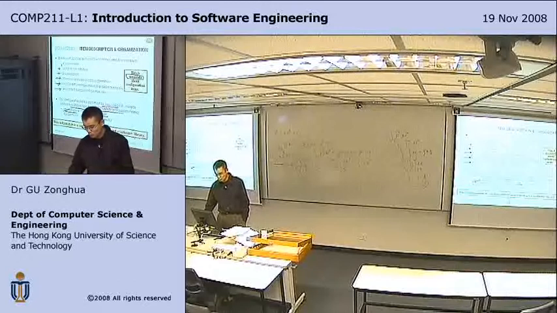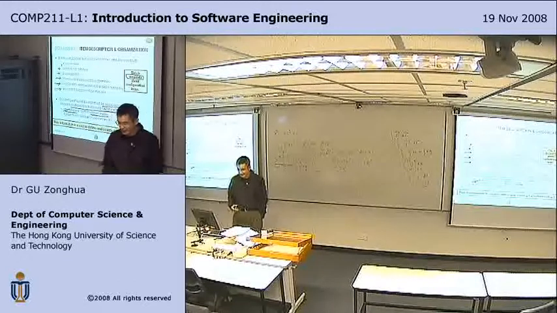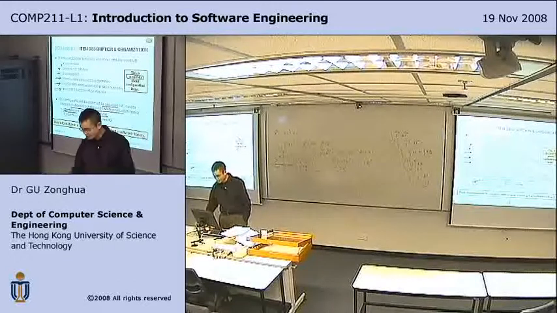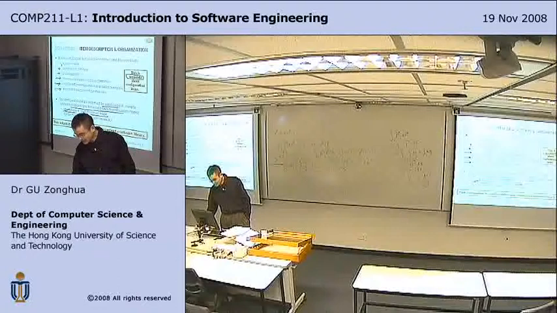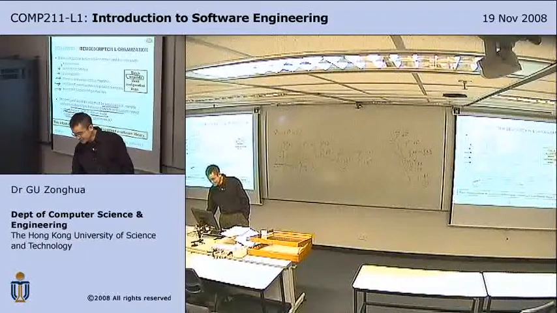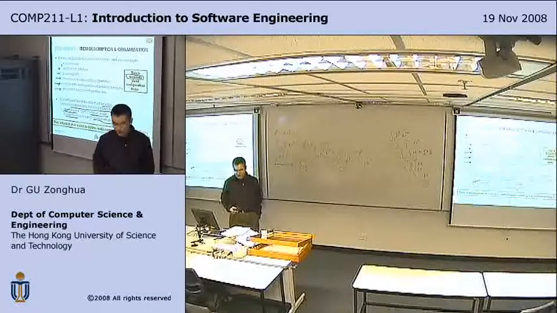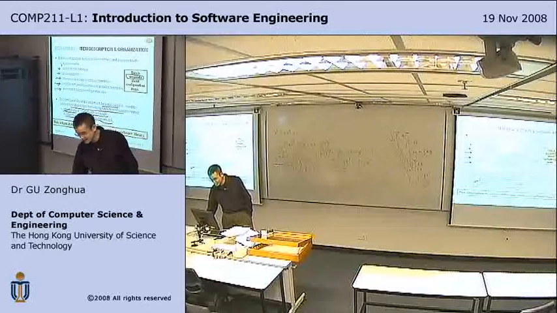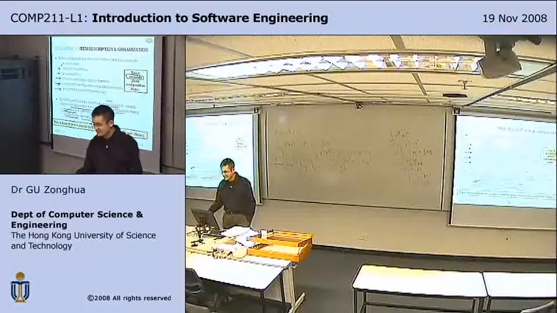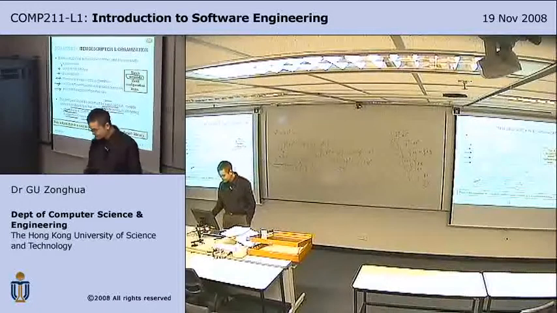So perhaps one diagram should specify which domain model it belongs to. And perhaps the domain model is related to some use case model. That is, the use case uses the classes in the domain model. So this is what we mean by organizing the configuration items.